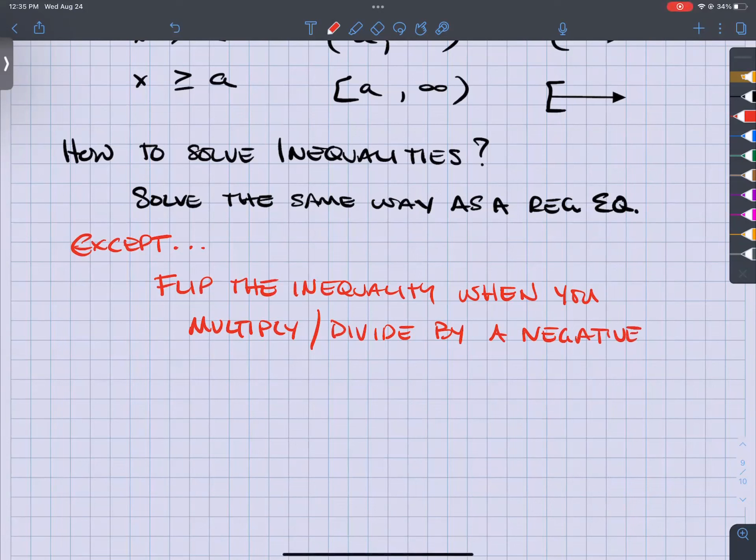Now, notice I said multiply or divide by a negative. I did not say if it is a negative. Multiply or divide by a negative. Got it?